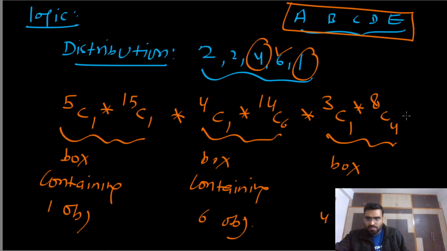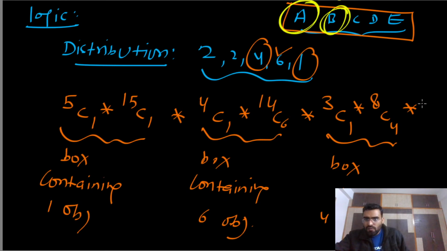Now you can notice that we have 2 comma 2 left. If I select 1 from the remaining 2 boxes, here A comma B must have 2, 2. It does not matter who takes which, because A should have 2 and B should have 2.